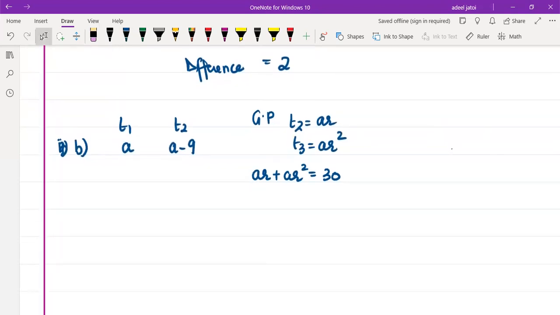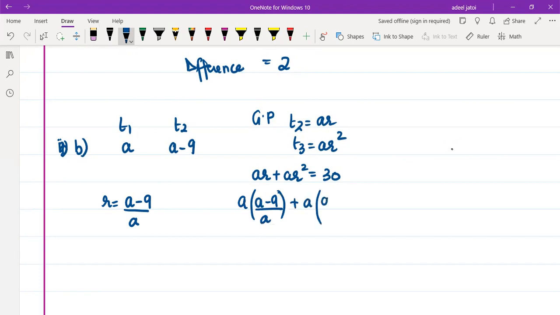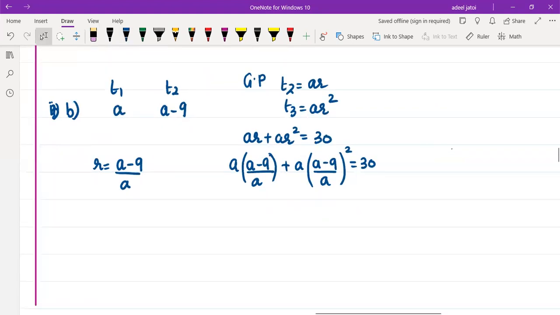Whereas now the R comes from the first and the second term, that would be A minus 9 upon A. So we can substitute in the equation: A minus 9 upon A plus A minus 9 upon A whole square, which is equal to 30.